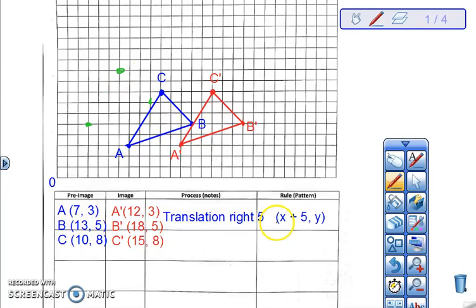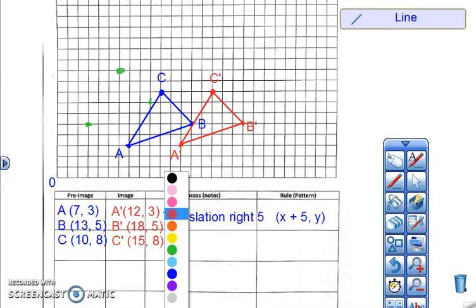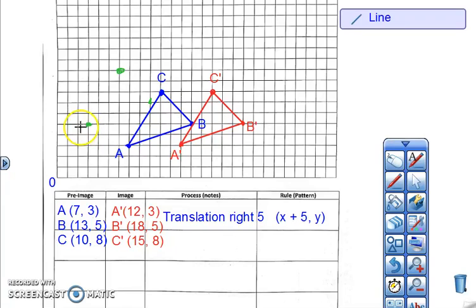Okay, so that's my 3 new points. And again, we're going to keep the names A, B, and C, but this time, again, we need to mark it.